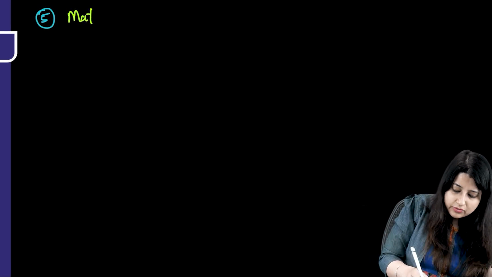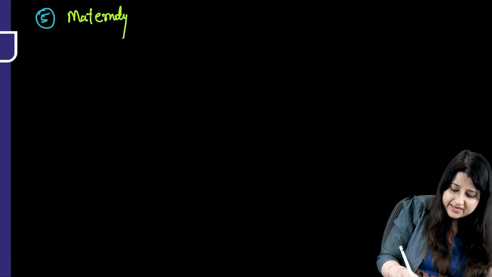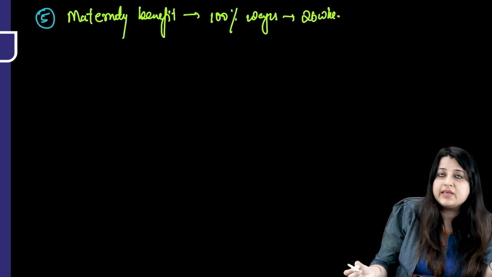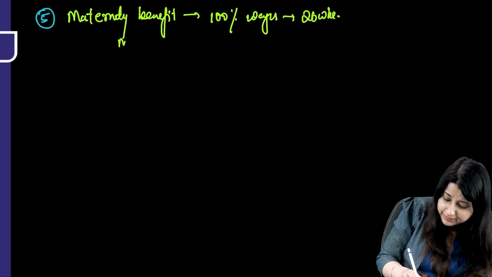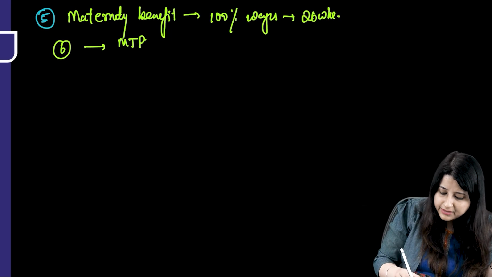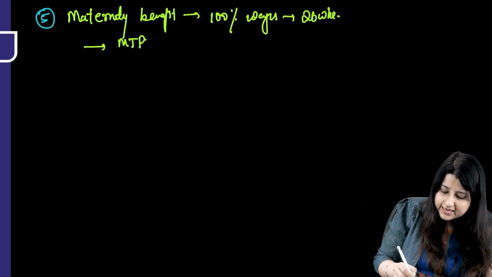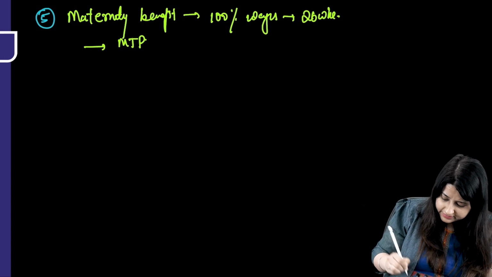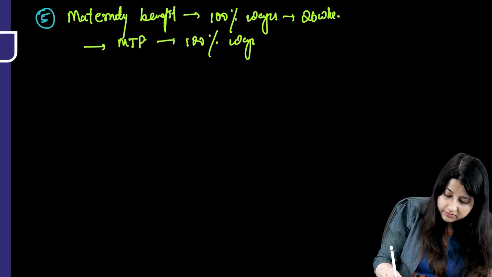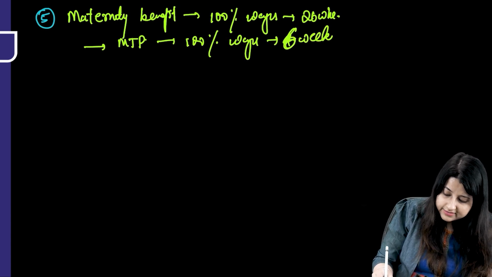Maternity benefit. So we all know maternity benefit now is 6 months, but to be more precise, maternity benefit is offered at 100% wages for 26 weeks. In case of MTP, also this is offered at 100% wages for 6 weeks.